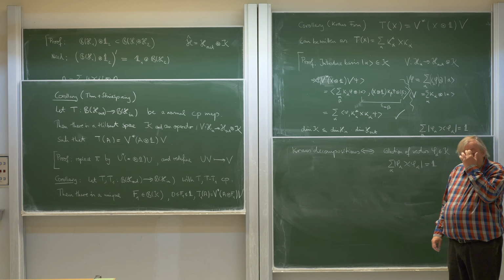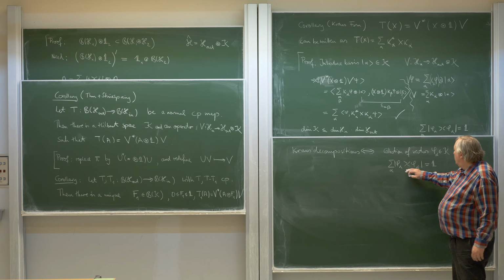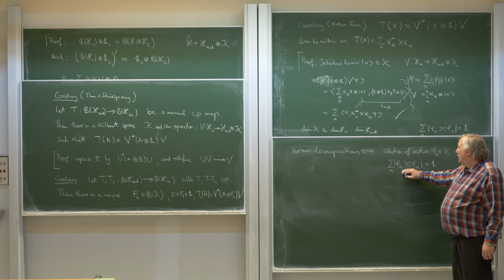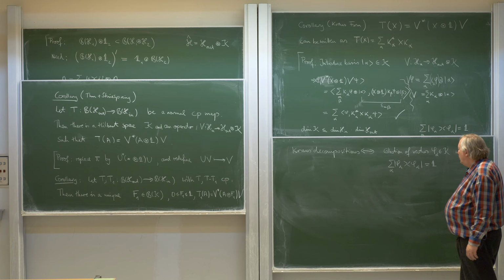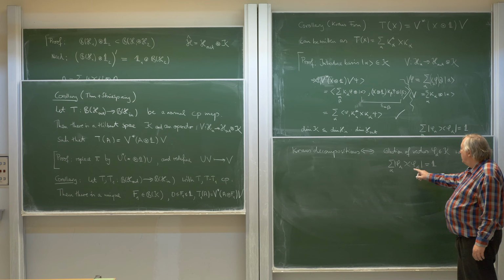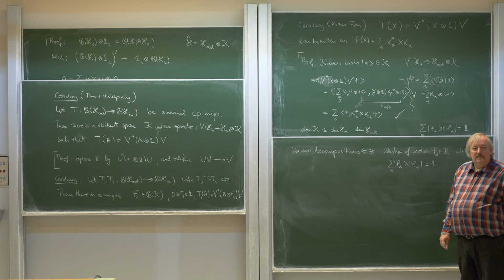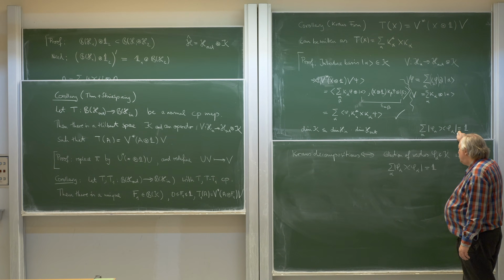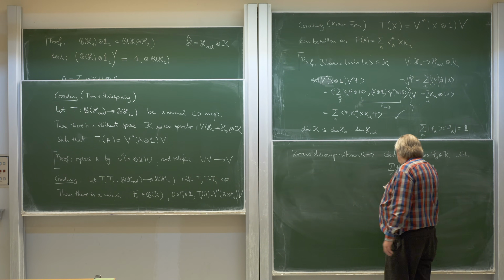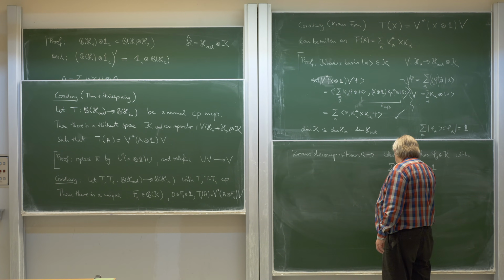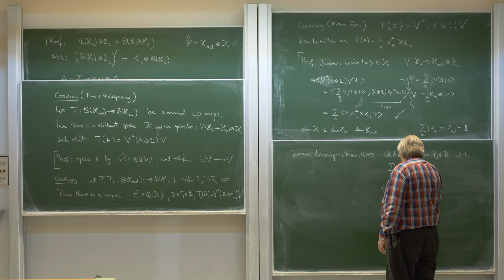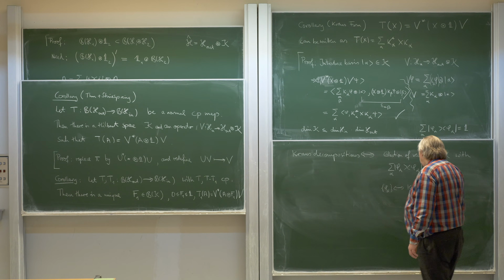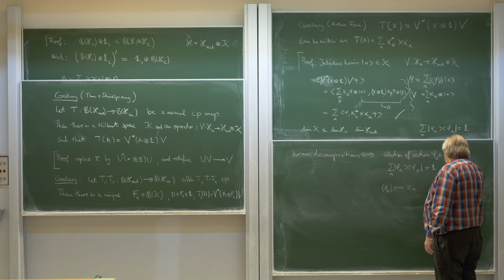Now, if you have chosen your Kraus operators like that, then this collection of the phi alpha goes to the k alpha, including linear dependencies.